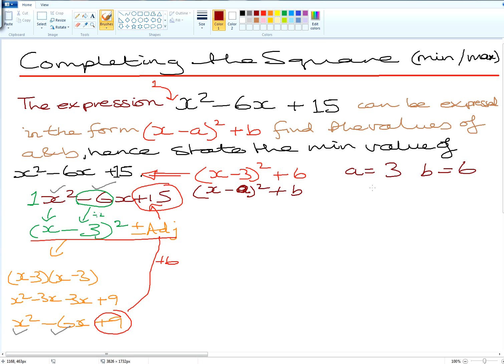Now, what we've actually worked out here is the x and y coordinates for what? For the graph. So let's do a quick sketch of the graph.